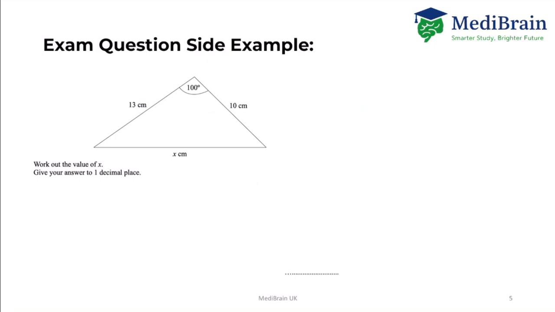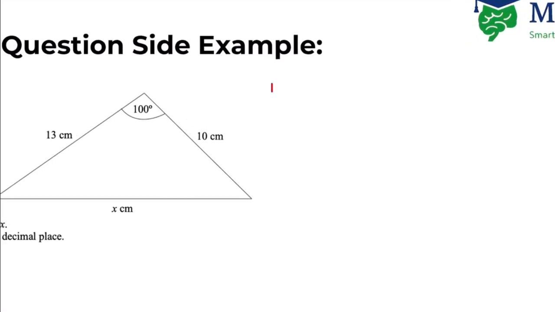Okay, so this is an example of a question that you could be asked. And if we have a look at this, step one is going to be the same every time. Okay, so step one is going to be label the sides.